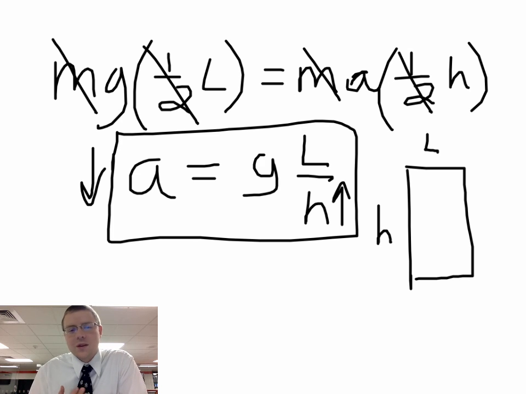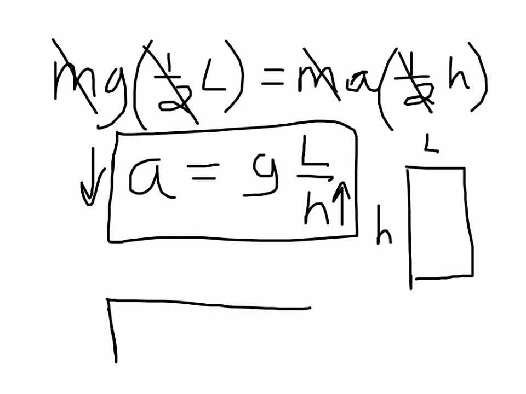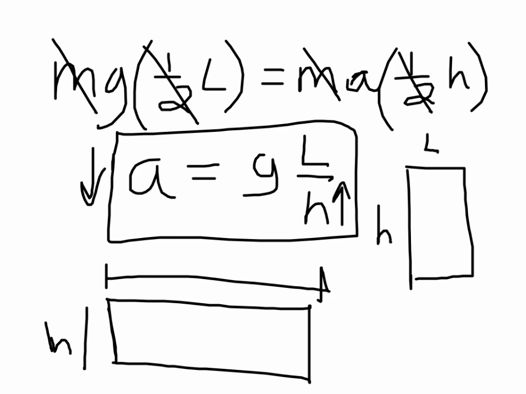So how could we accelerate faster? Say you were trying to steal that giant block of marble and you put it in the back of a truck and you wanted to accelerate and get away from the scene of the crime quickly. Well, you'd want to decrease the height and increase the length. How can you do it for that block? Carefully lay it down in your car, and now the height is much smaller than the length.